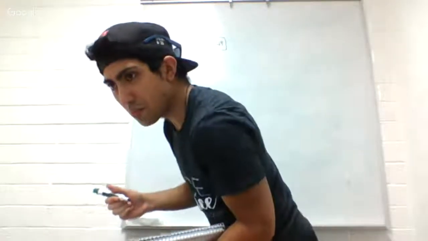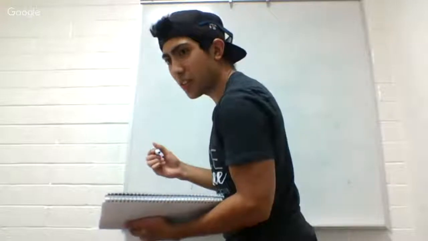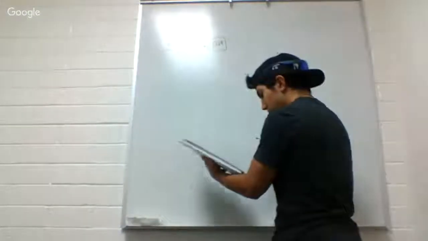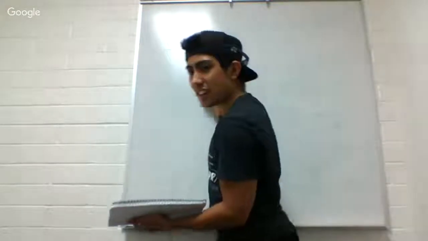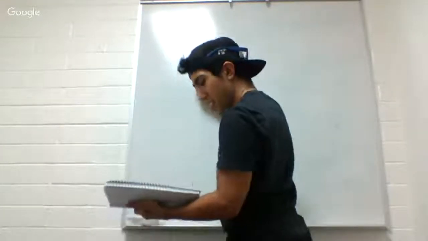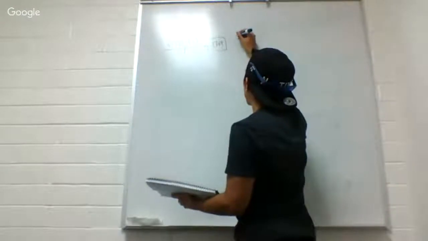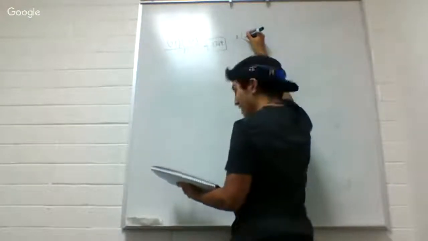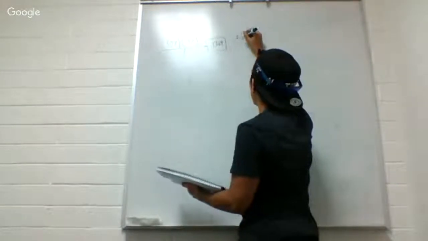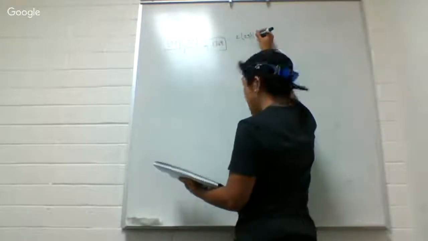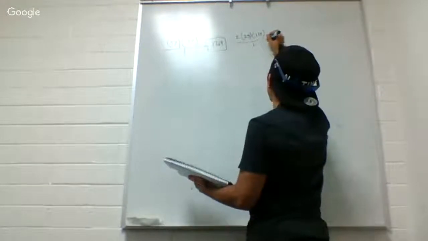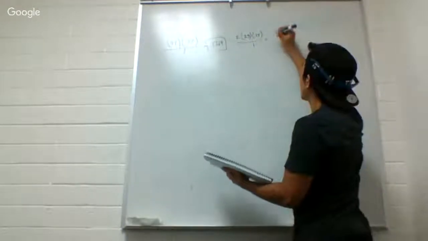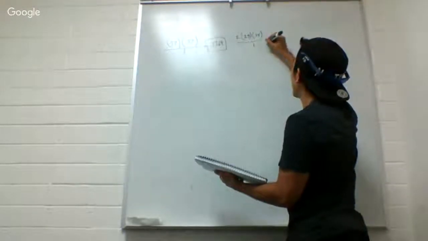For our pale gray dog, since it's a heterozygous form, we're going to use the 2PQ kind of thing. So we're going to do 2 times 0.25 times 0.15 all over 1, which is 0.075.